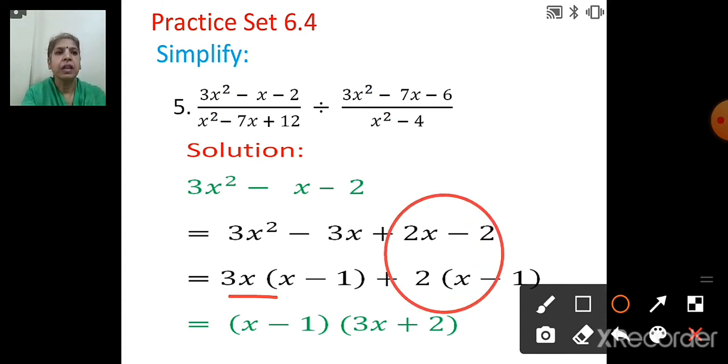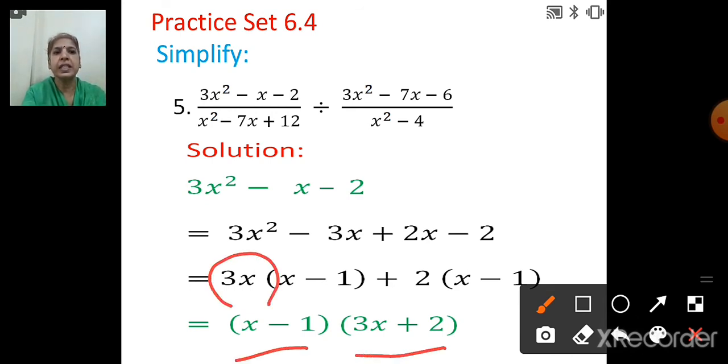Now here, which number is common? 2 is common, so you will take 2 common, and the uncommon in the bracket is x minus 1. Now the full bracket x minus 1 is common. So the uncommon here is 3x plus 2. So in the bracket we will write 3x plus 2. And we have already learned how to factorize a quadratic trinomial. So the answer is x minus 1 the whole bracket multiplied by 3x plus 2.